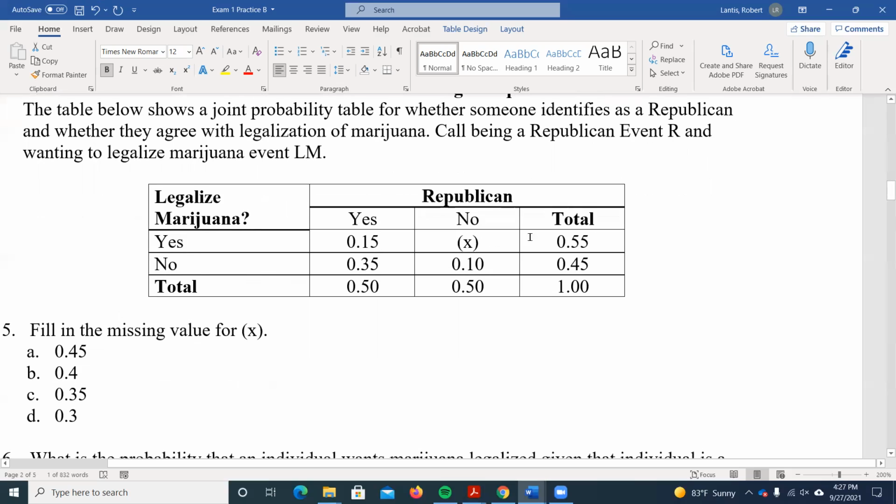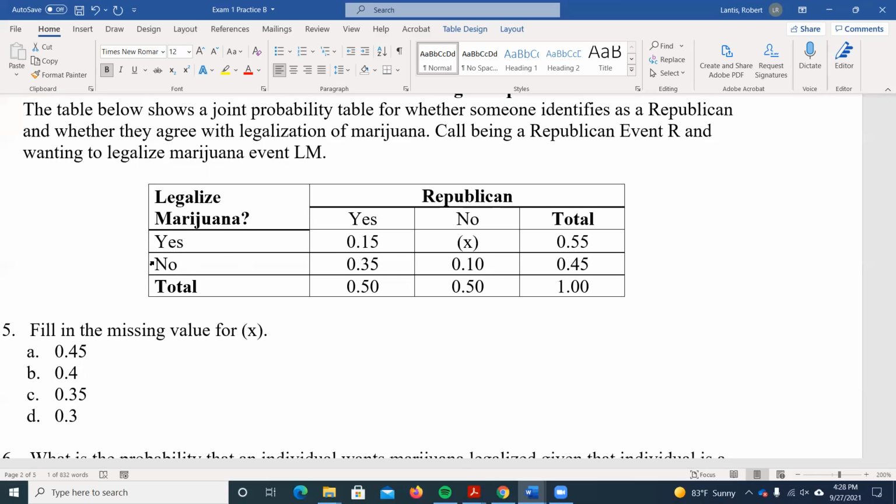If I left out this cell here, how could I find this missing value for X? If I left off the totals, the way we should do this is add across the rows or down the columns to produce those totals. Notice 0.15 plus 0.35 is equal to 0.5, and 0.35 plus 0.1 is equal to 0.45.